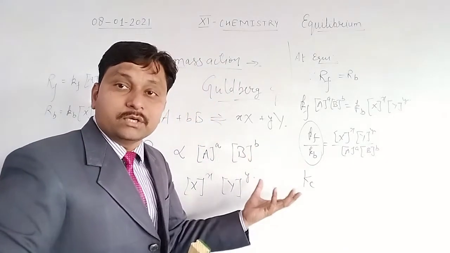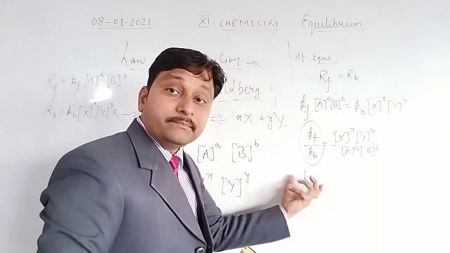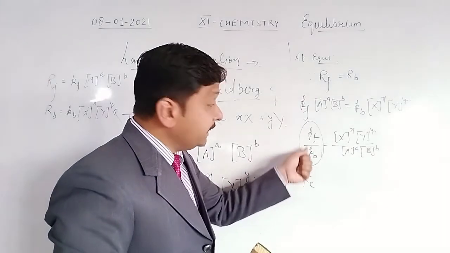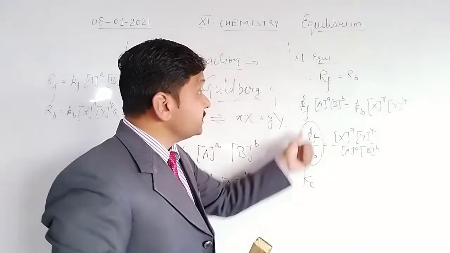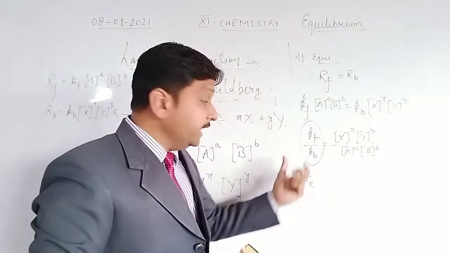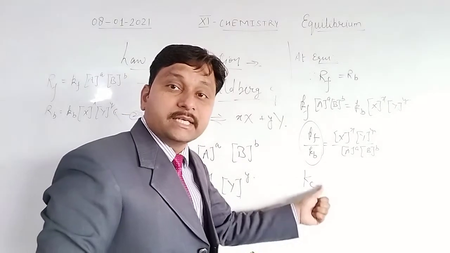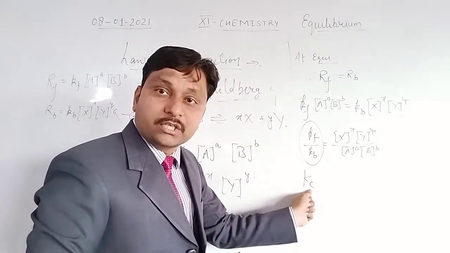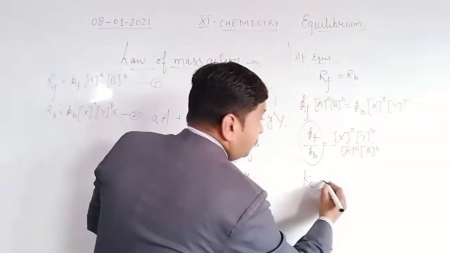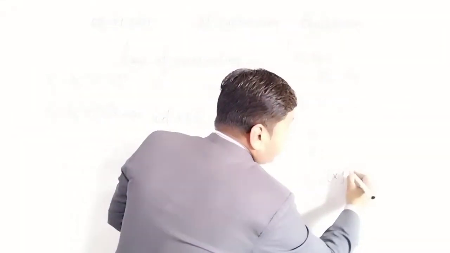This is a new terminology, that is equilibrium constant, because both K's are constants and constant at the time of equilibrium. That's why it is known as equilibrium constant, and C represents the concentration terminology. So Kc is equal to [X] to the power x, [Y] to the power y over [A] to the power a and [B] to the power b.